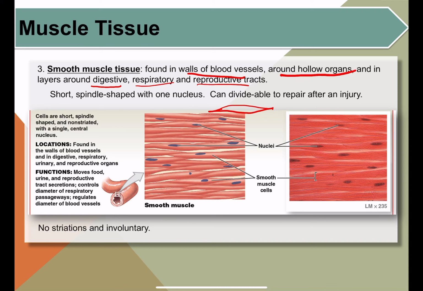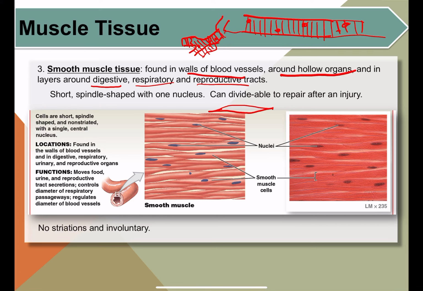So skeletal muscle cells are lines like this, a whole muscle fiber all along with multiple nuclei all over the place. Cardiac muscle cells are kind of branched cells that go all over the place and can have intercalated discs, with striations, one nucleus in each cell, in a branched formation.